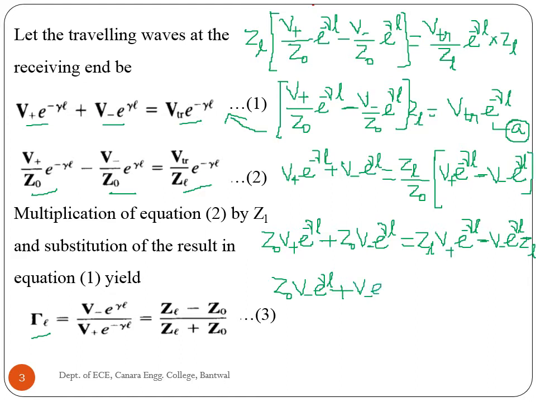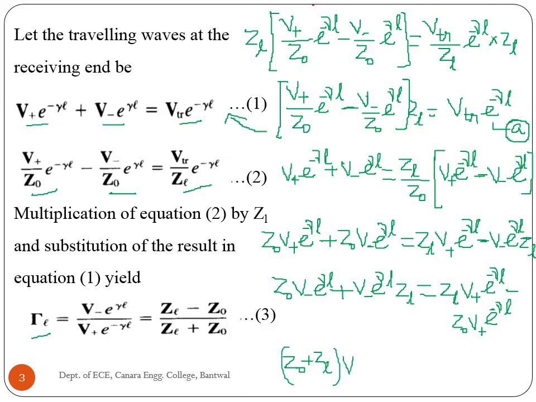V minus e to the power gamma L into ZL is equal to ZL V plus e to the power minus gamma L minus Z0 V plus e to the power minus gamma L. Therefore, Z0 plus ZL into V minus e to the power gamma L is equal to ZL minus Z0 into V plus e to the power minus gamma L.